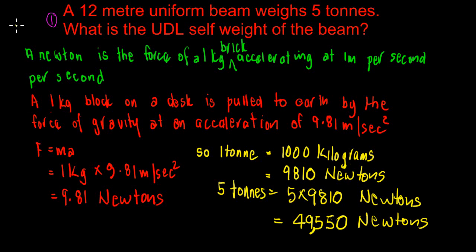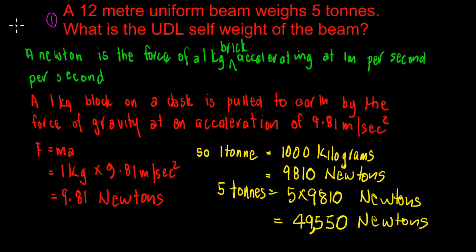So using Newton's second law of motion, F equals ma, we have 1 kilogram times 9.81 meters per second squared, the force that gravity is pulling the 1 kilogram brick towards the earth, and that will have a force of 9.81 newtons.